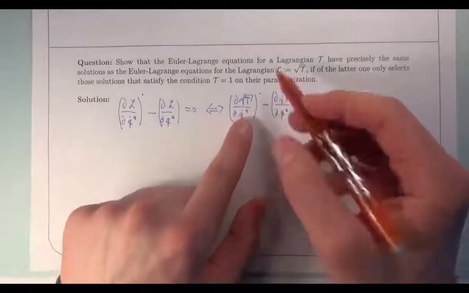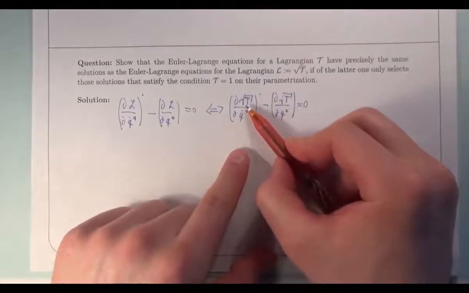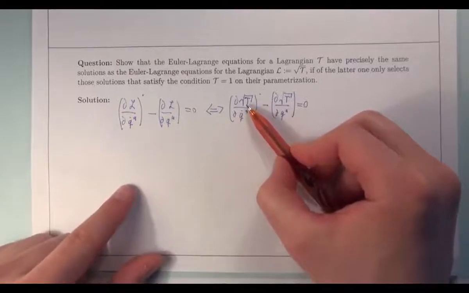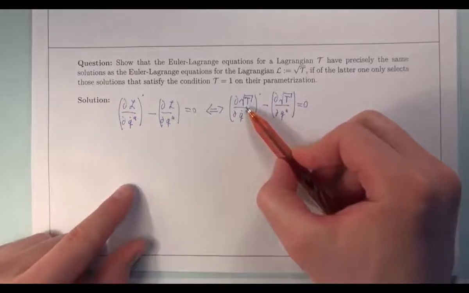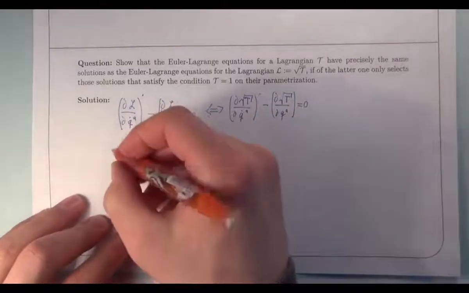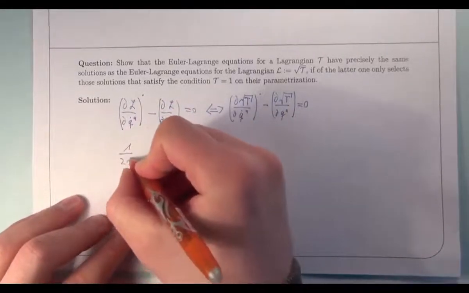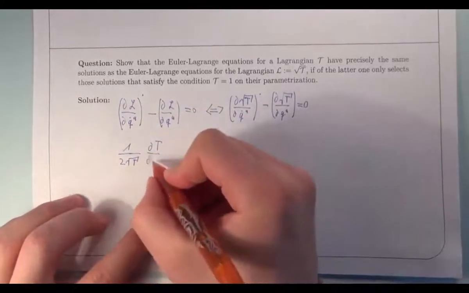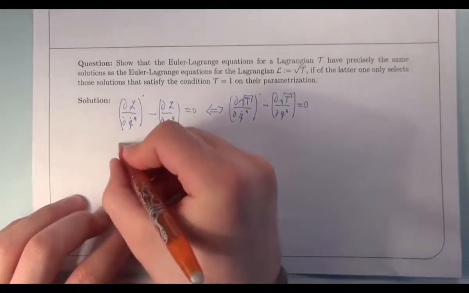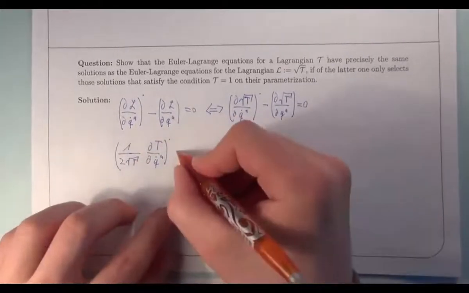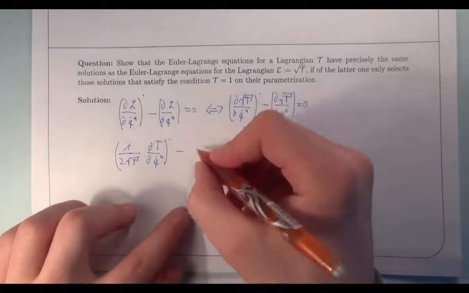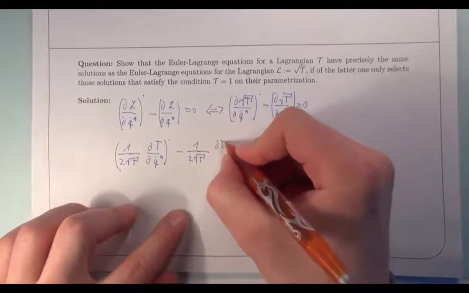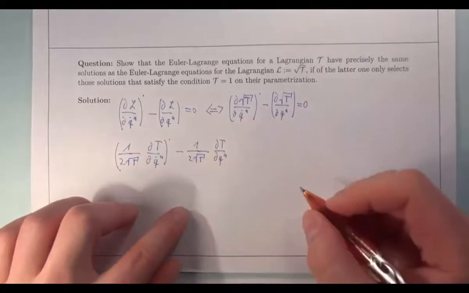That means we just take the derivative of the square root of T, and you all know how this works out. It's just 1 over 2 square root of T times dT after dq dot a, minus, the same factor appears here, 1 over 2 square root of T times dT with respect to dq a.